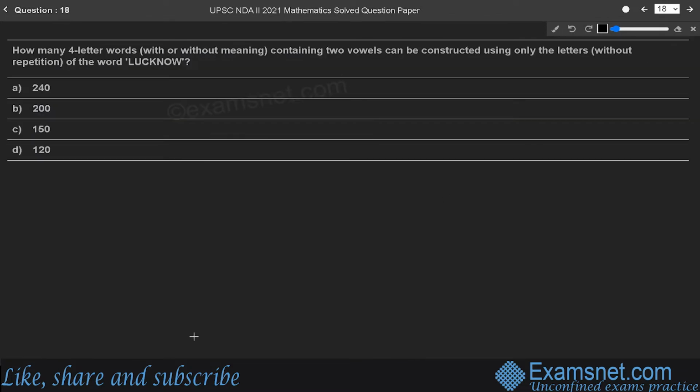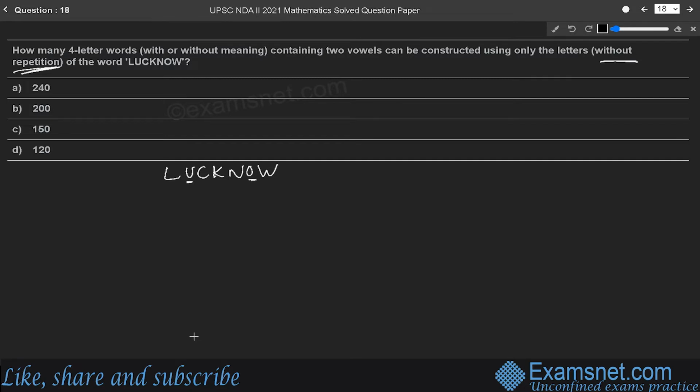Next question is, how many four-letter words with or without meaning containing two vowels can be constructed using only the letters without repetition of the word Lucknow? See, the first thing to notice is it is written that without repetition means no letters or words can be repeated. You know that in Lucknow there are two vowels and five consonants.